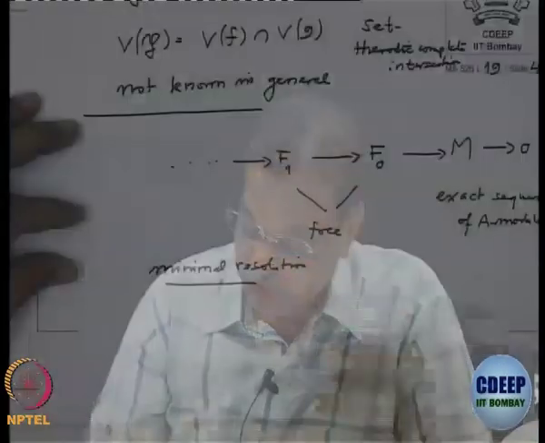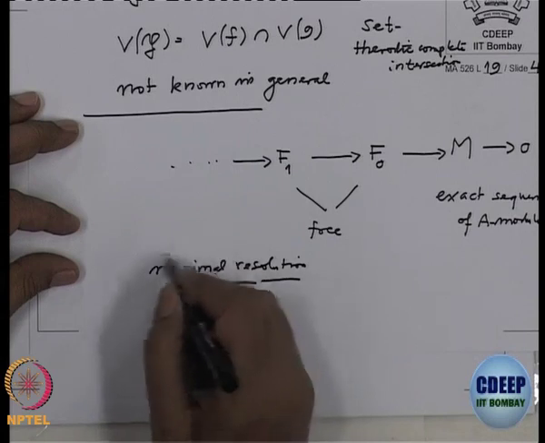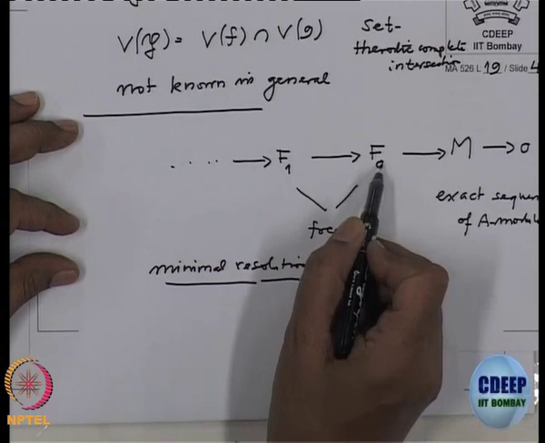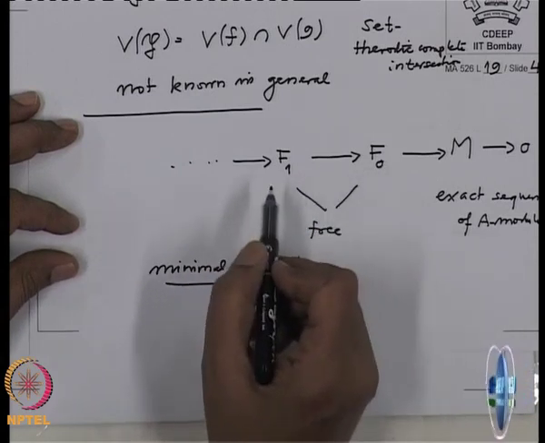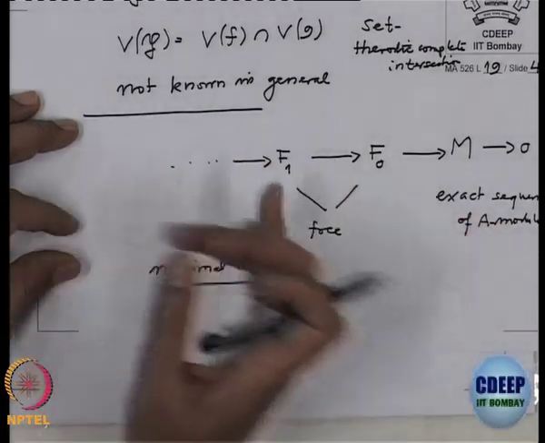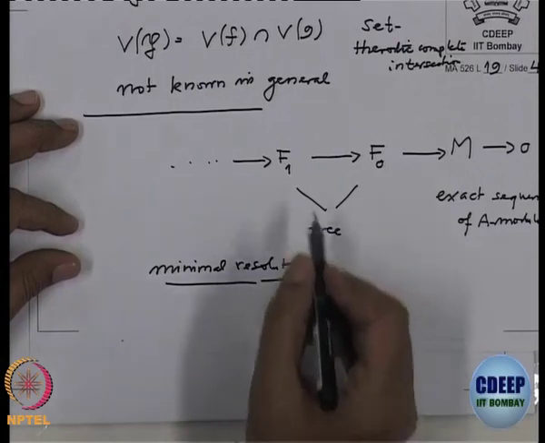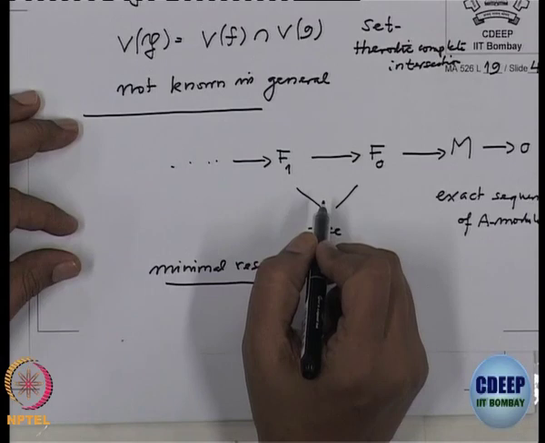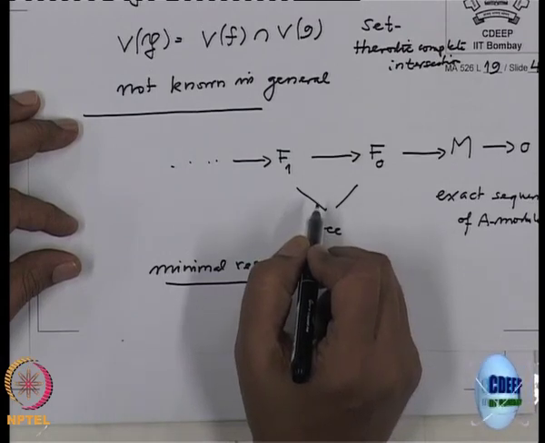Now, minimal resolution makes sense only when the ring is local. That means the image should not be contained inside m times the next one; you choose the minimal system of generators every time.